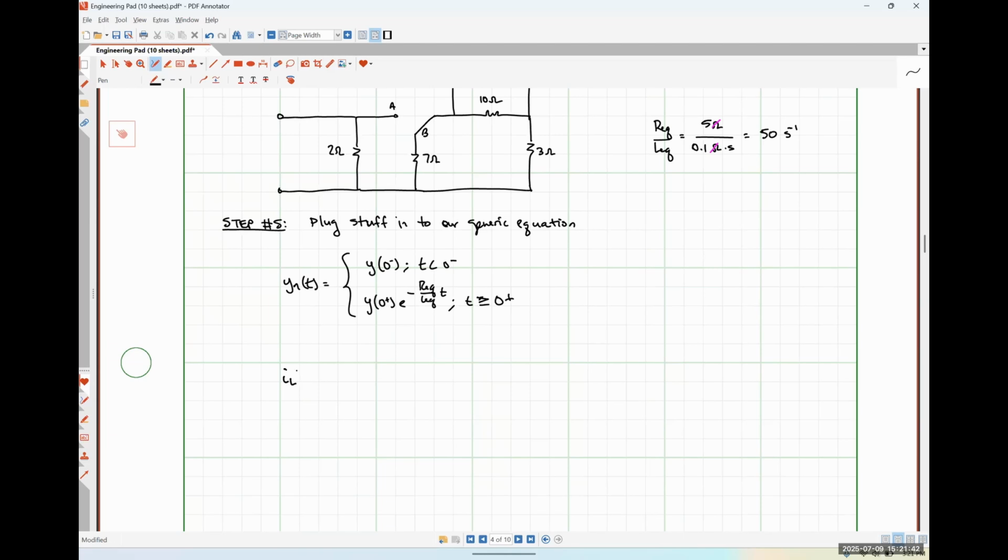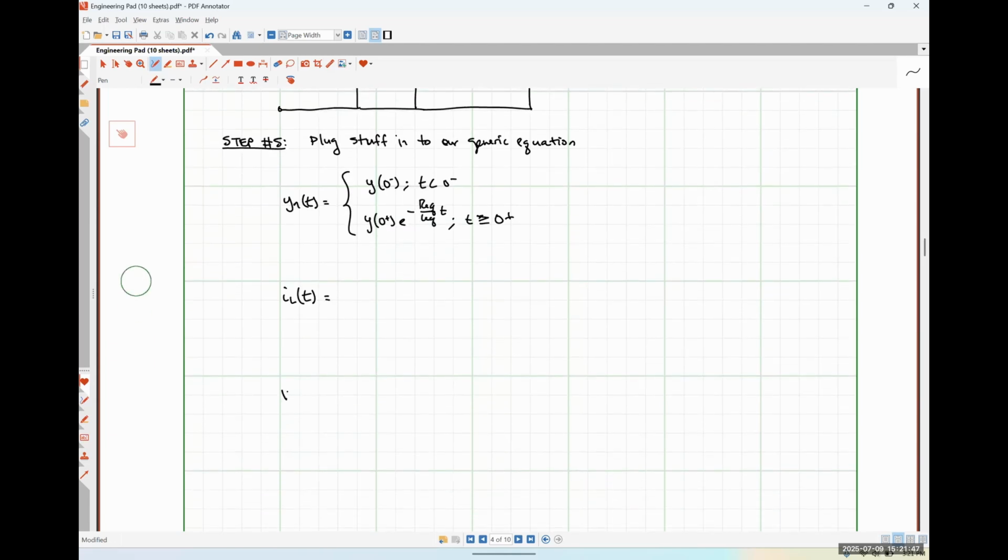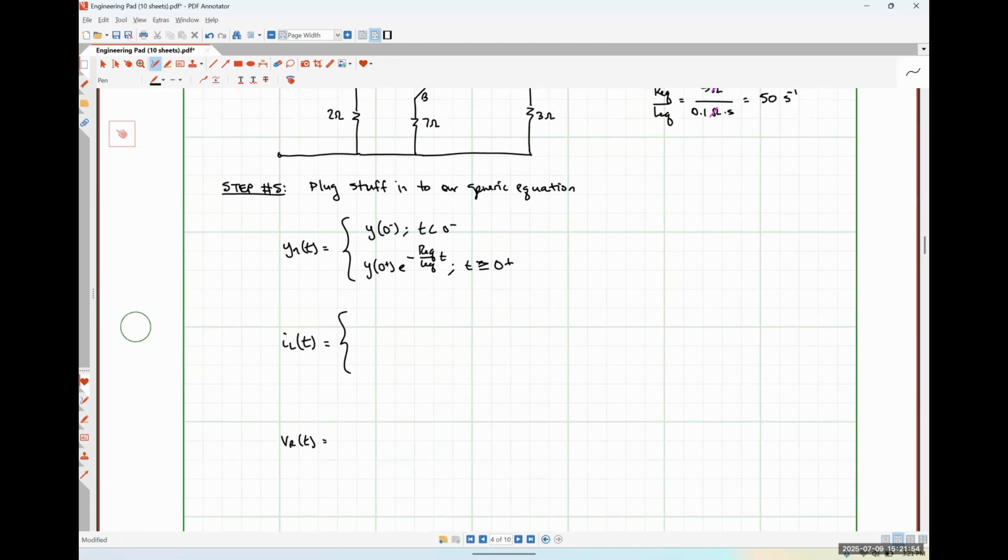And we are interested in finding our inductor current and our resistor voltage. So let's start with our inductor current. What was the inductor current at t is equal to 0 minus? Scroll up and somebody tell me what it is. 2 amps. 2 amps. Thanks. Since the inductor current cannot change abruptly, it had to also be 2 amps at t is equal to 0 plus. So I've already got that part.